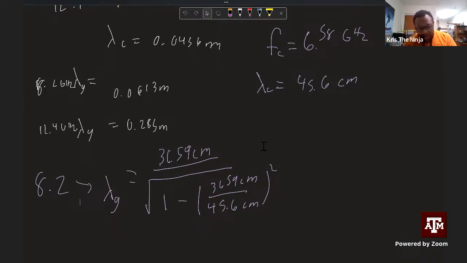So our guide wavelength, as it should be, is longer, and we ended up getting 61.31 centimeters. So that's how that ended up working out.